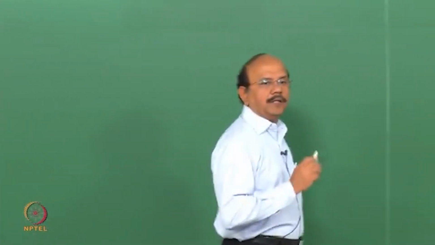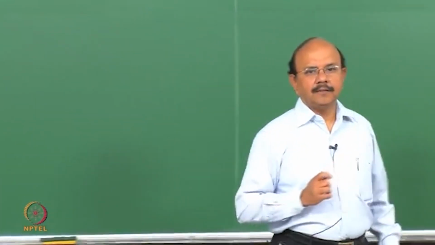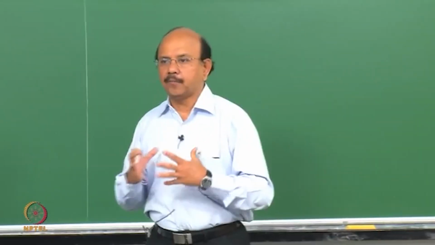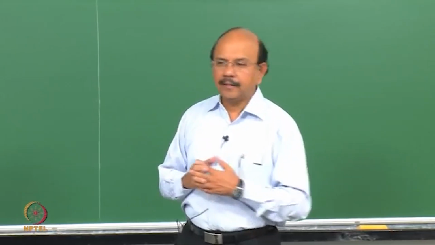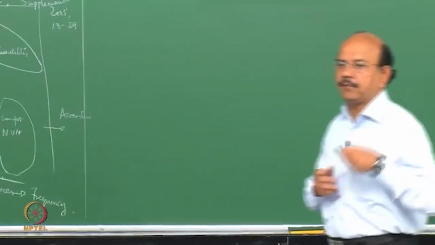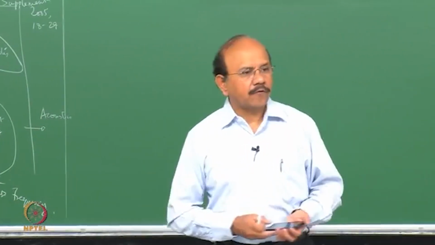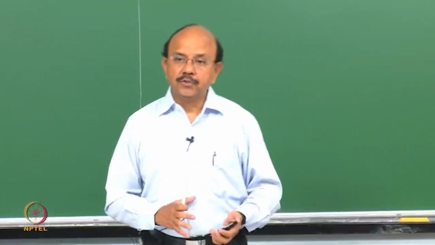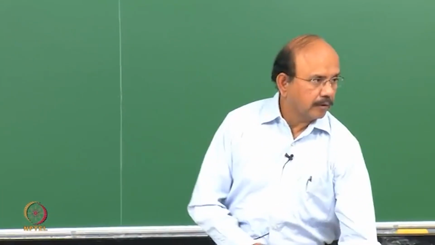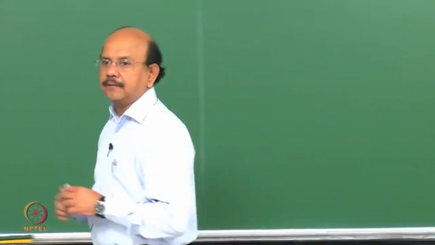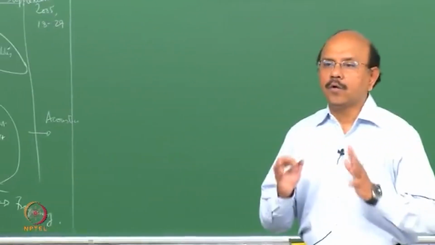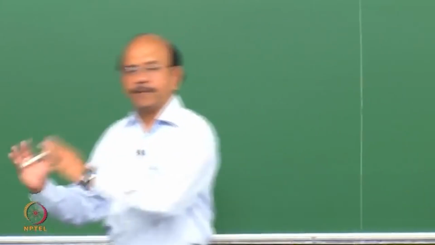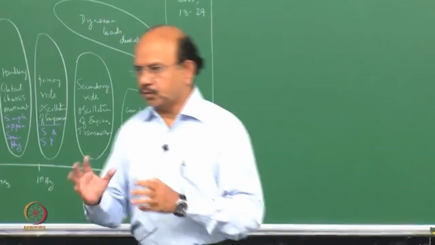As I told you earlier in the class, a lot of codes that are used are multi-body dynamics codes, and multi-body dynamics becomes extremely important because a lot of companies use it to optimize the vehicles and so on, right?